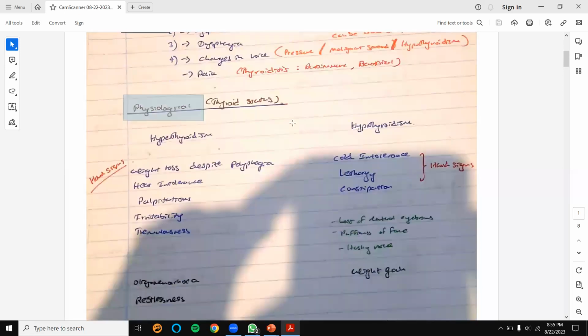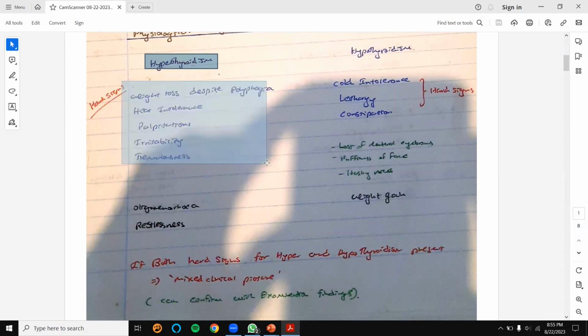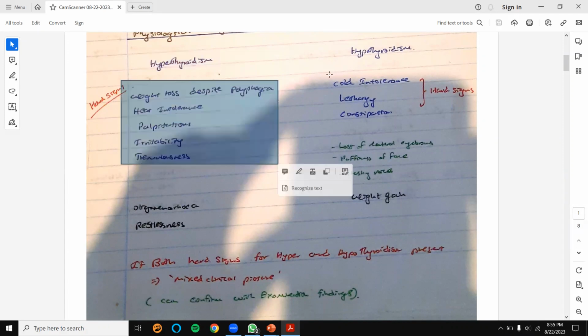Physiological symptoms are your thyroid status, right? So when it's a goiter, you need to figure out if the patient is hyperthyroid or hypothyroid or euthyroid. Hyperthyroidism, I'm not going to go into so much detail. You all already know what the symptoms of hyperthyroidism and hypothyroidism are. But there are some cardinal features that you have to ask for each.